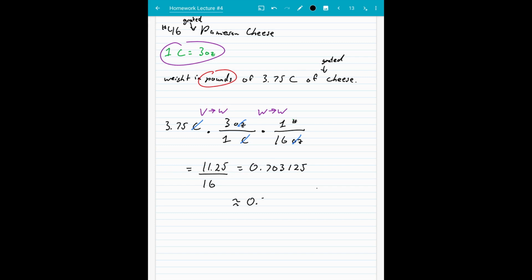So that'd be 0.70 pounds of grated cheese. And there's your answer.